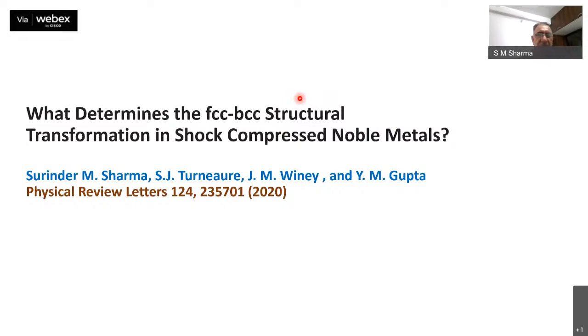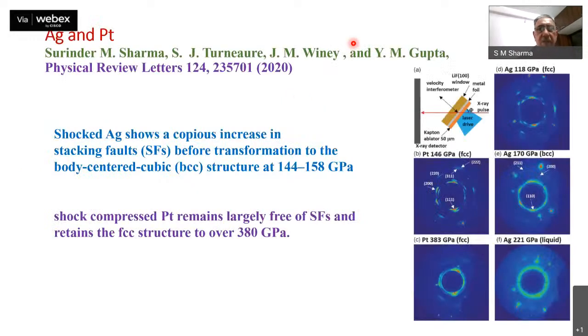To investigate this, more experiments were carried out, specifically on silver. In silver, again, careful analysis of the data requires a copious increase in the stacking faults, somewhere around 140 to 160 GPa. But similar experiments in platinum, which also has the FCC phase to begin with, up to as high as 380 GPa, did not show any stacking faults.